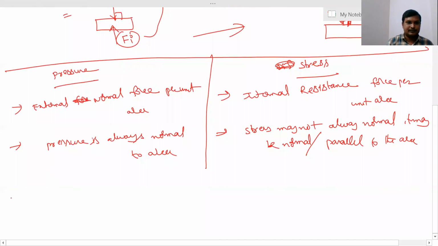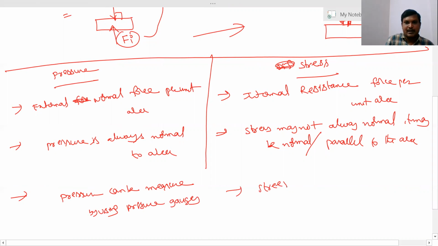Next, pressure can be measured by using pressure gauges, but stress can't be measured.